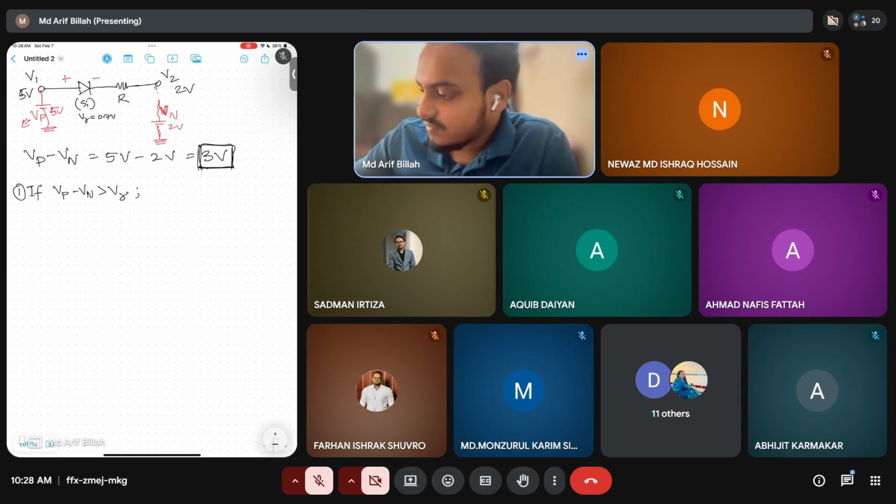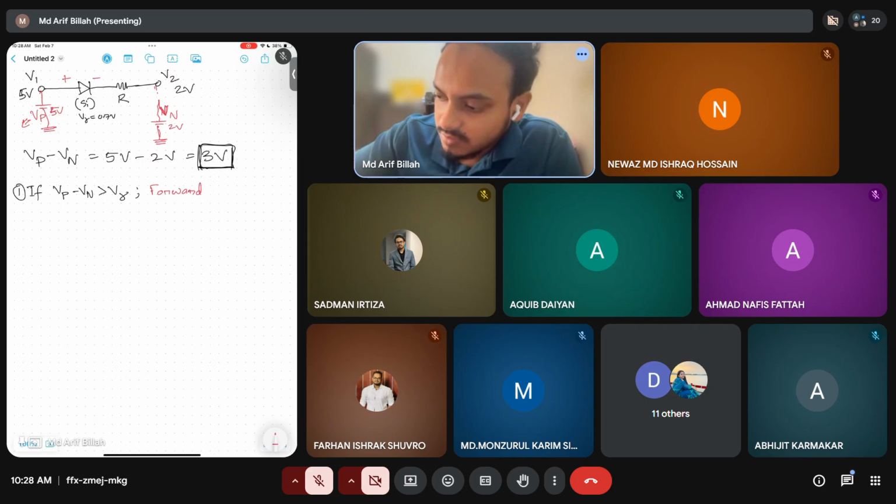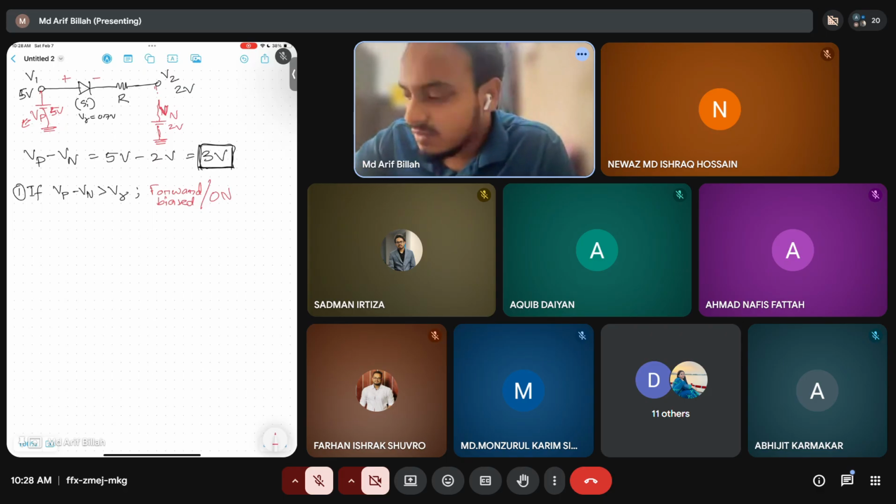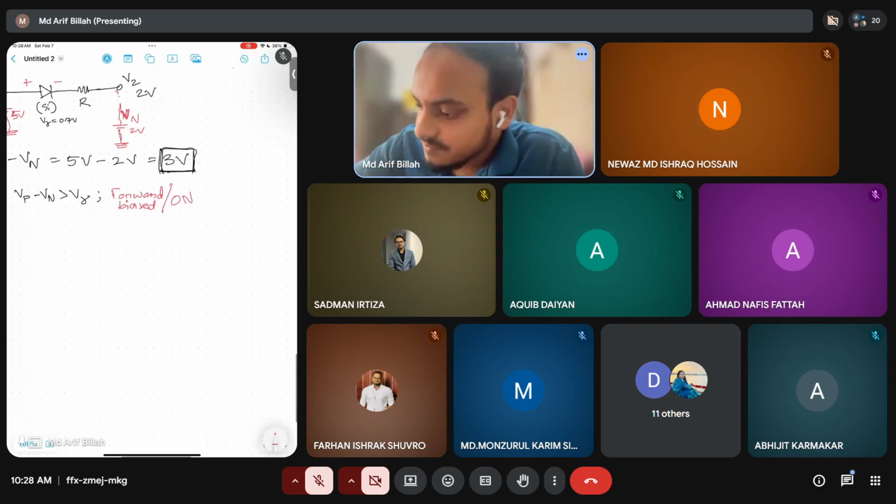তাহলে কি হবে? তাহলে it's forward biased. The diode is forward biased অথবা it's on. Equivalent circuitটা কি হবে?